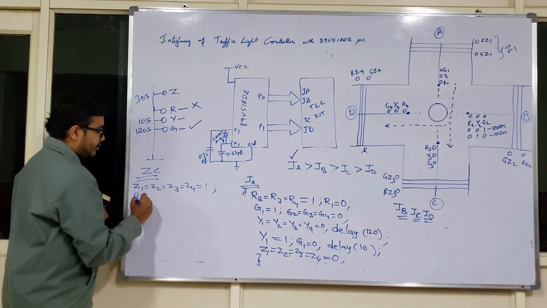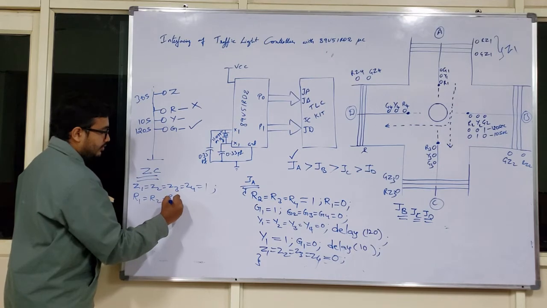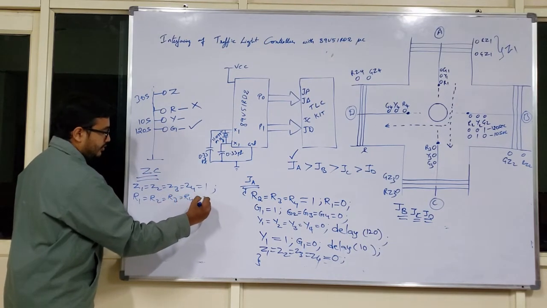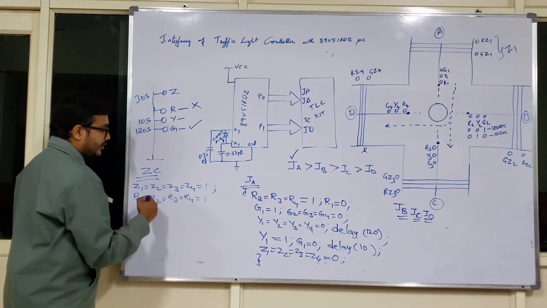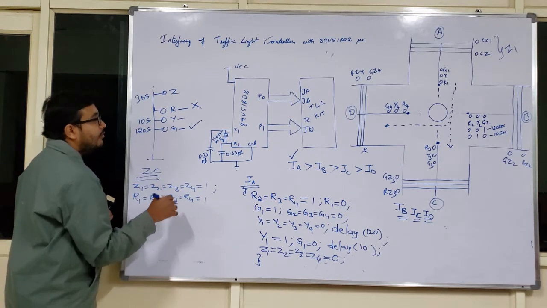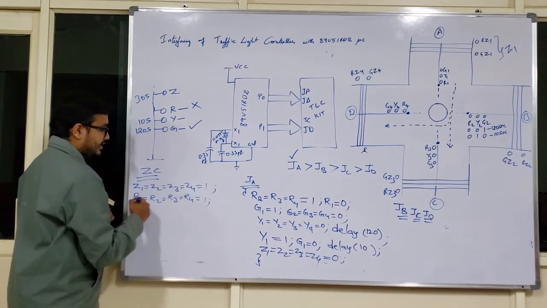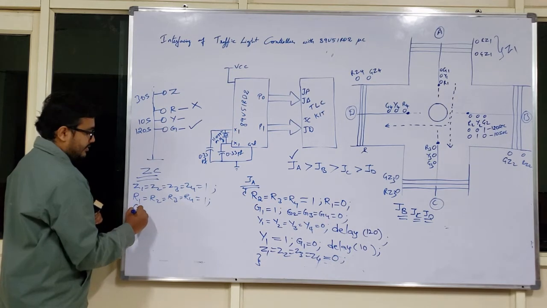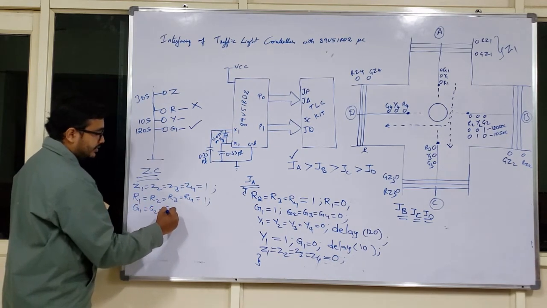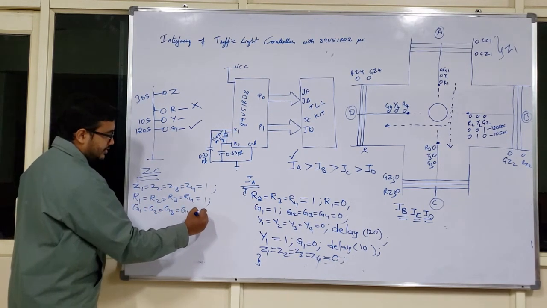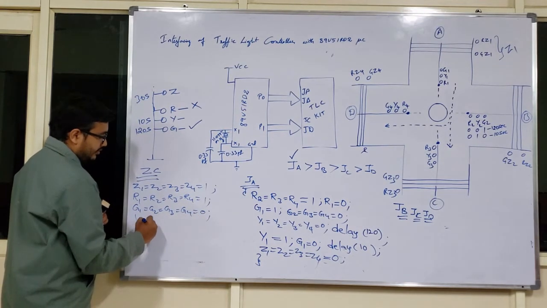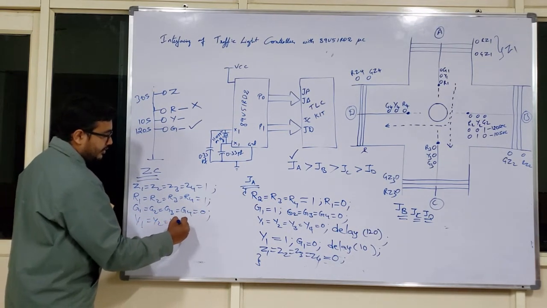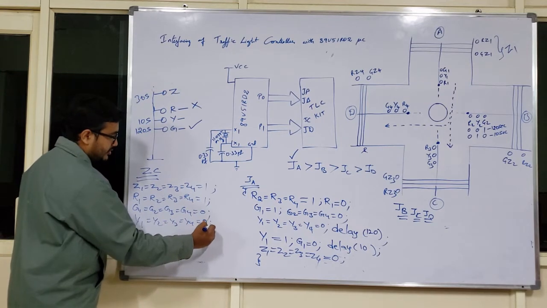Similarly, at the same time all your R1 should be equal to logic 1. That means no activity or no movement of vehicles is allowed on the roads, which is given by the red lamp. At the same time, G1 equal to G2 equal to G3 equal to G4 equal to logic 0. Similarly L1, L2, L3 and L4 are also equal to logic 0.